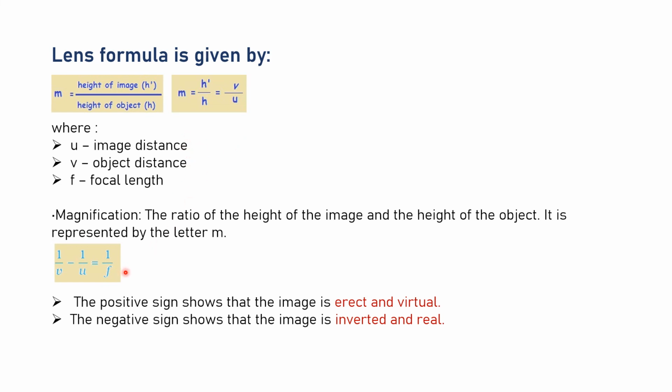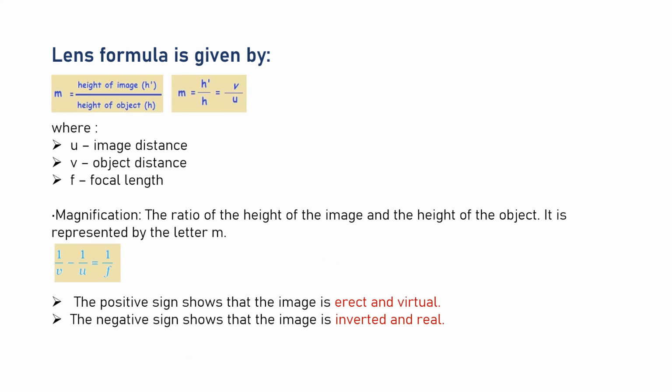Now this is about the lens formula. Lens formula, over here again there is a change in sign, right? 1 upon v minus 1 upon u is equals to 1 upon f, or else you want to write 1 upon f is equals to 1 upon v minus 1 upon u.